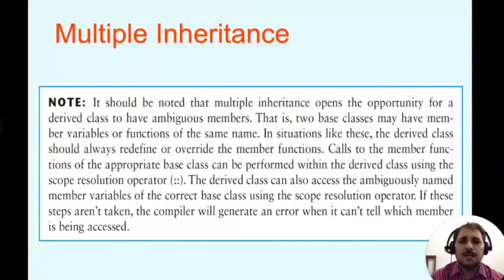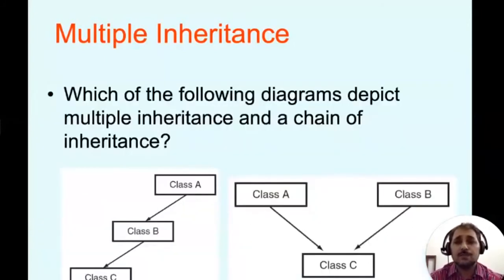The derived class can also access ambiguous-named member variables of the correct base class using the scope resolution operator. If these steps are not taken, the compiler will generate an error when it cannot tell which member is being accessed. So the compiler cannot decide which function should be called. Later on in coding, I will explain this to you.